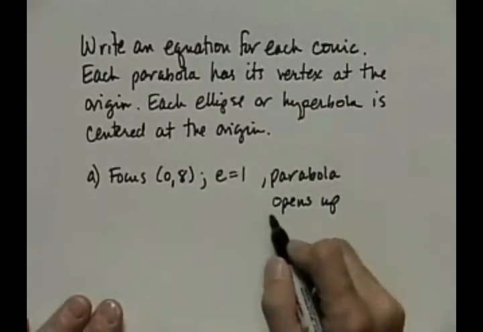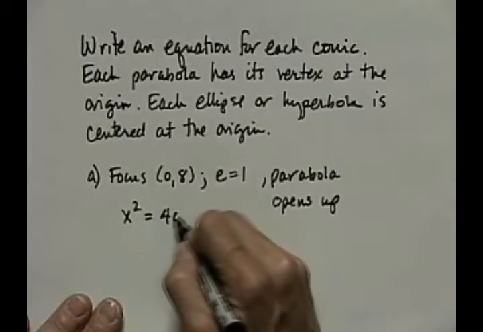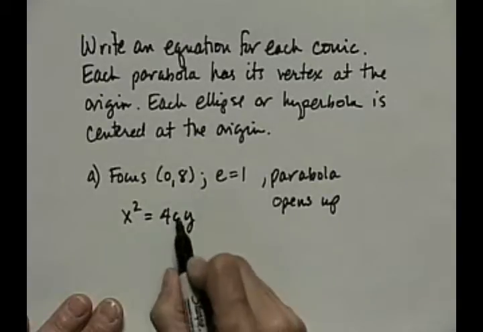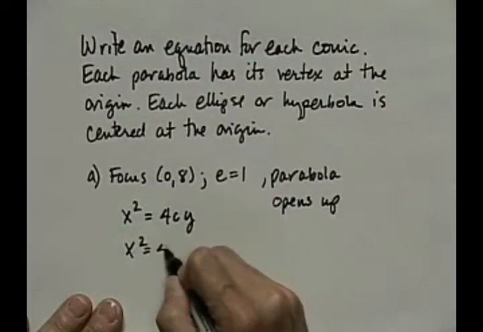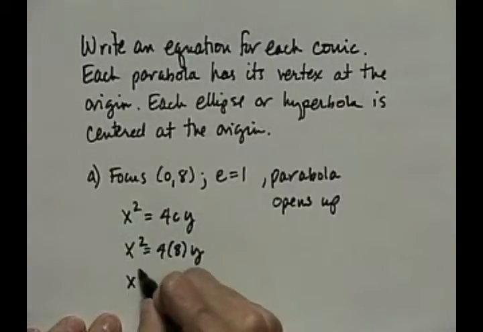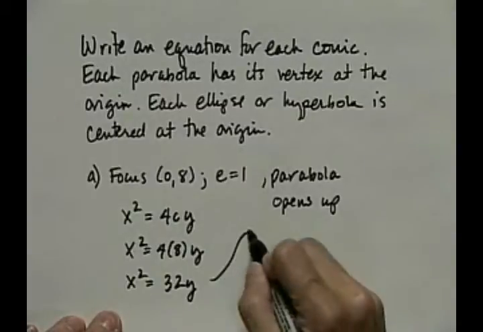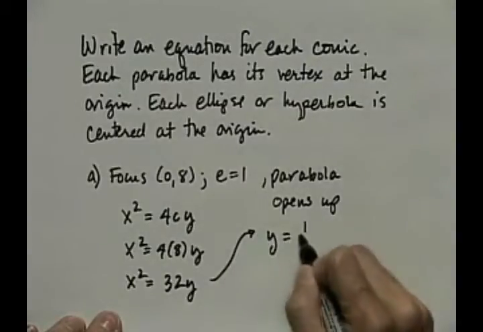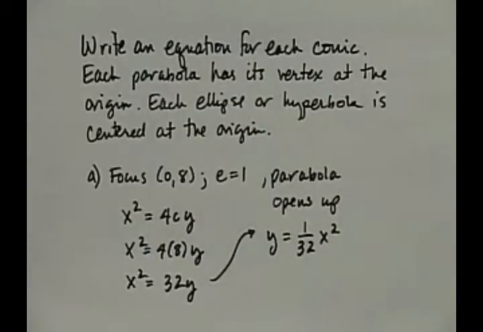And so we'll substitute information into the equation. x squared equals 4cy. c is the distance from the vertex to the focus, or 8. So x squared is 4 times 8 times y, or x squared is 32y, which could also be written y equals 1 over 32 x squared.